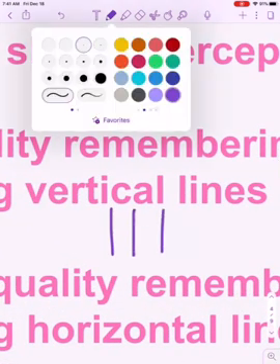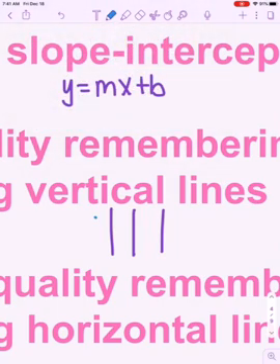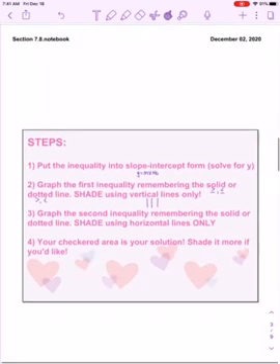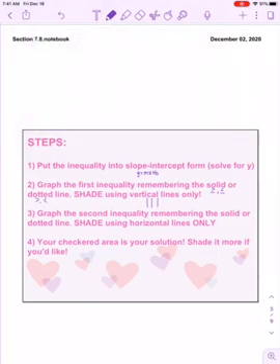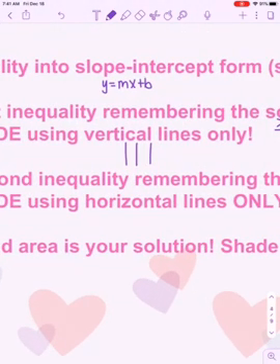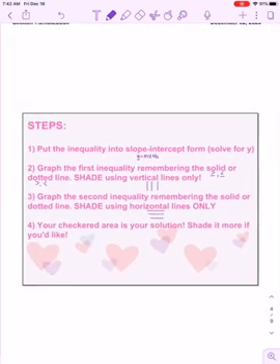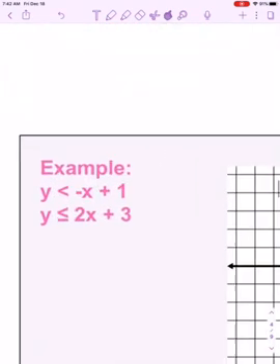But what I want you to do is make sure you just stripe it, because then you're going to come in with the other line and stripe it in a different direction so that you can see where they overlap with the crisscross. That's why it says vertical lines. Basically just stripe it. And then graph the second one, same thing, but use horizontal lines, and that way they're going to checker the area where they overlap. And then you're going to shade that in more once you know where it is.